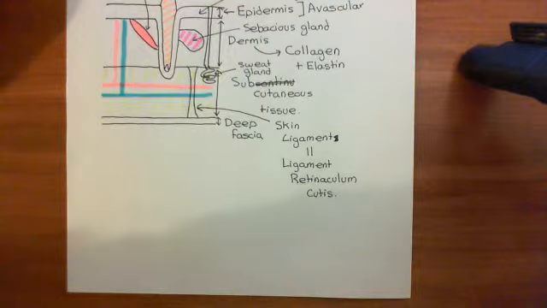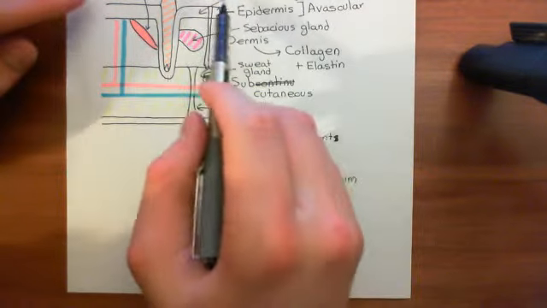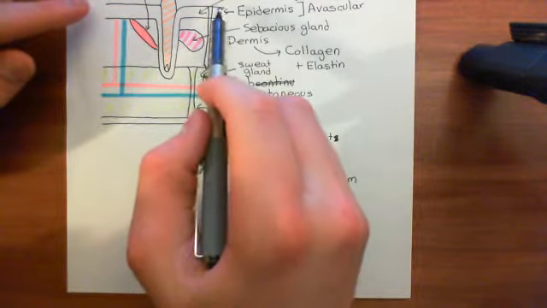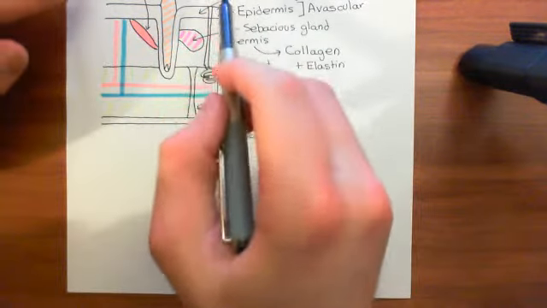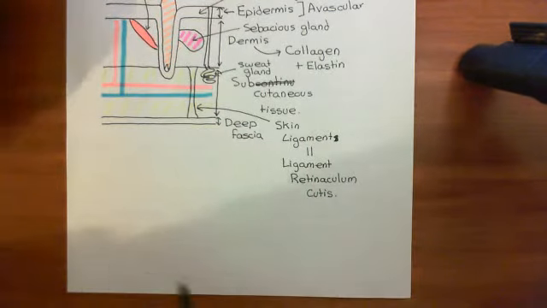So when the external temperature is too high and you're at risk of body temperature going above what we want it to be, then you will sweat to put water on the surface of the skin. The water can then evaporate, and when water on the surface of the skin evaporates, it will take with it a lot of energy, and that will remove heat energy from the skin, and therefore cool you down.